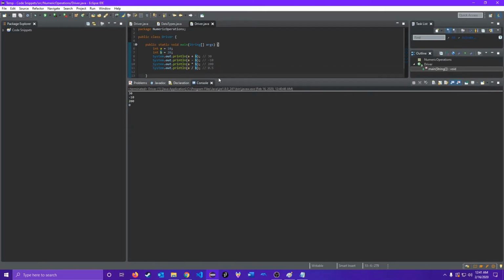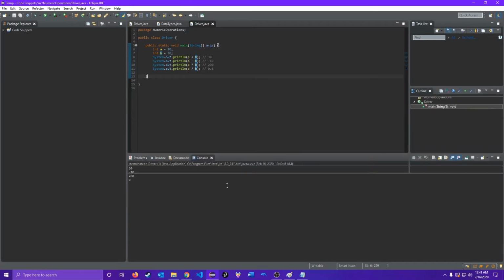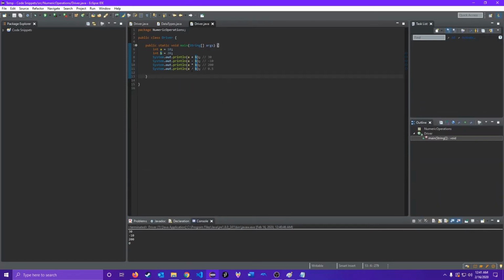Well, why is that? When we say a divided by b, we're not just dividing. What we're actually doing is called integer division. So a is an int, as stated here, and b is an int, as stated here. So when we divide a and b, our result is going to be an int.